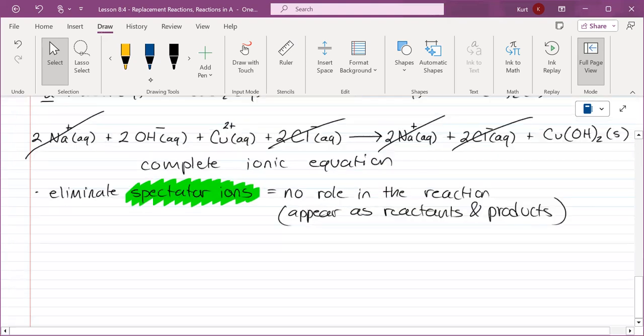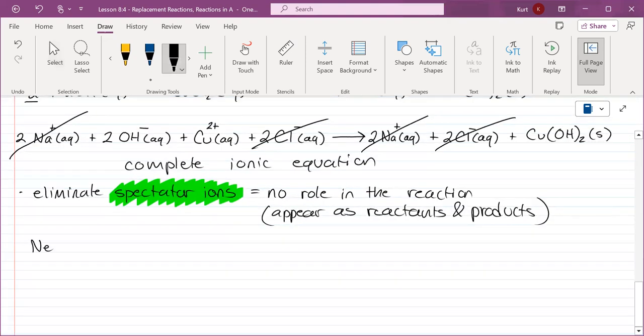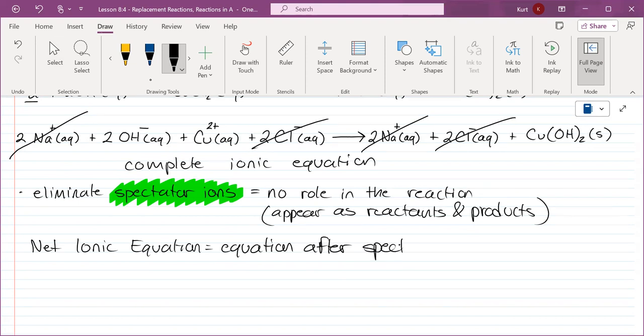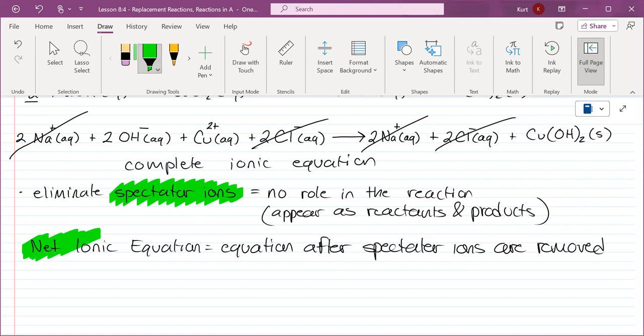And so that gets us to the last part, your net ionic equation. Your net ionic equation is the reaction after you've removed the spectators.